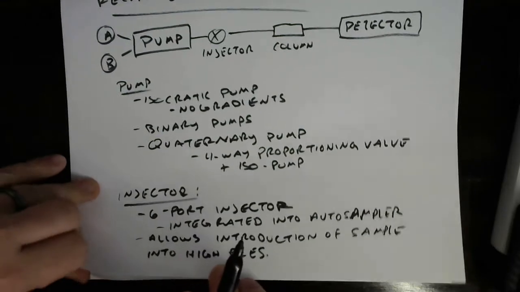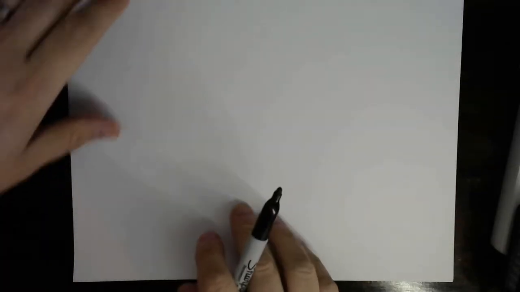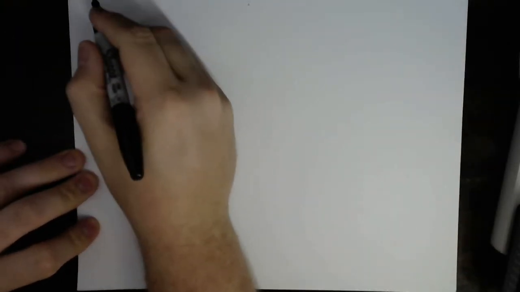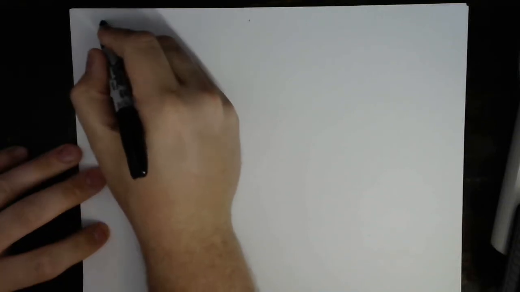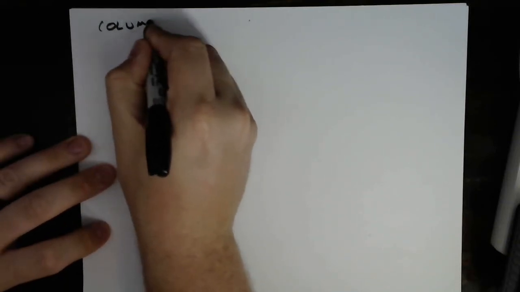Okay, the thing we spent a great deal of time talking about recently is the column, and what's happening in the column. So the column is where we define our mode of chromatography.